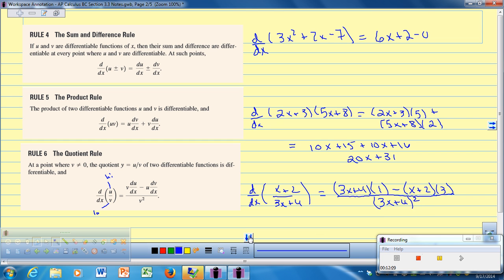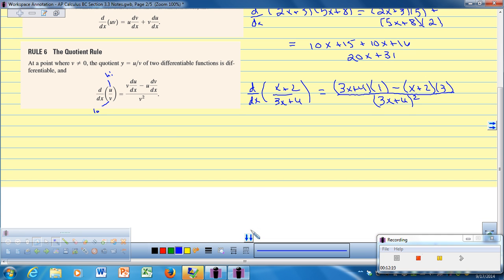Again, on a free response, this would be an acceptable answer. But on a multiple choice, it would most likely not be written that way. So let's simplify what we can.